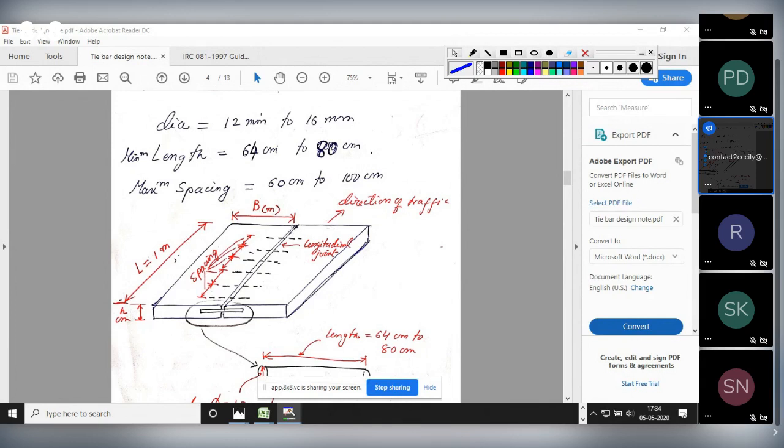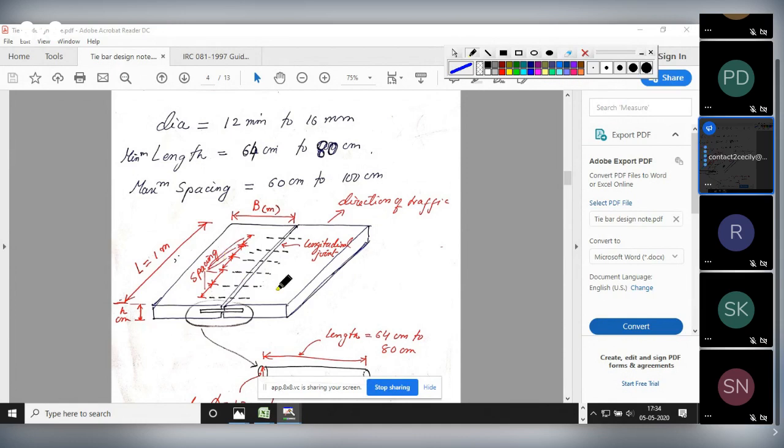So this is your longitudinal joint, and the reinforcement placed in the longitudinal joint is known as tie bar. So this is your tie bar, and the spacing is given as S.